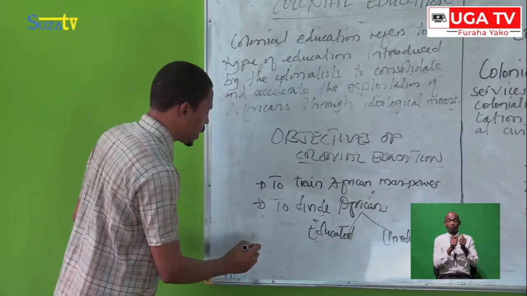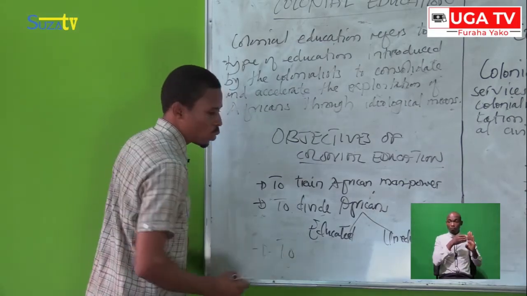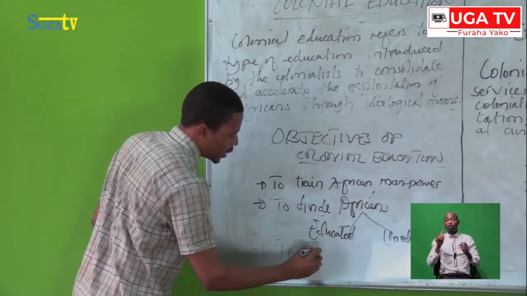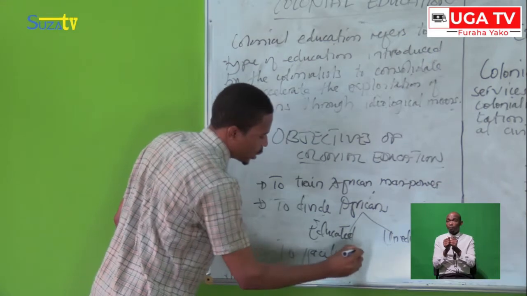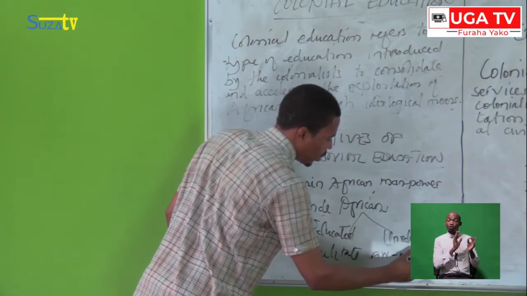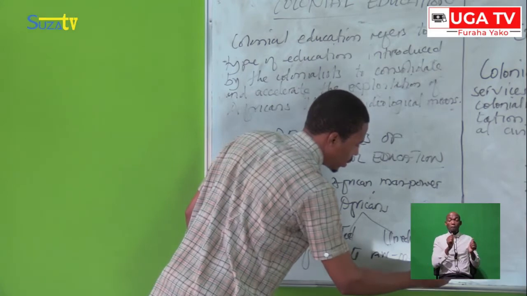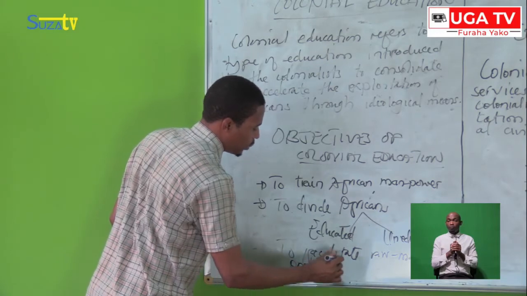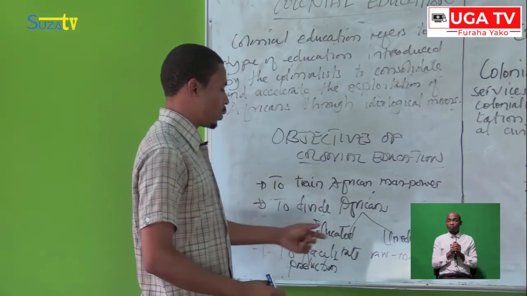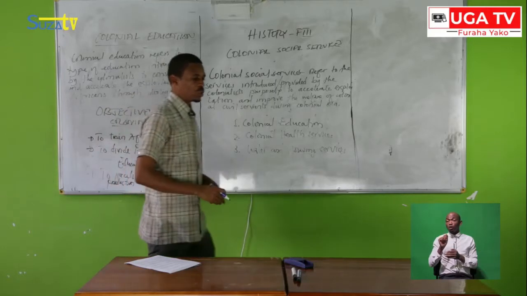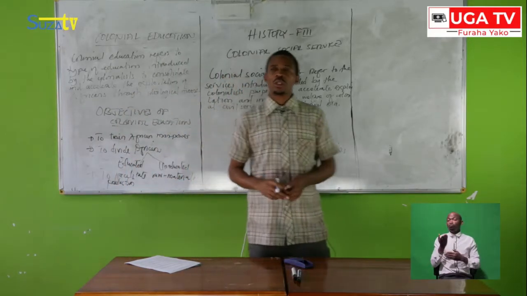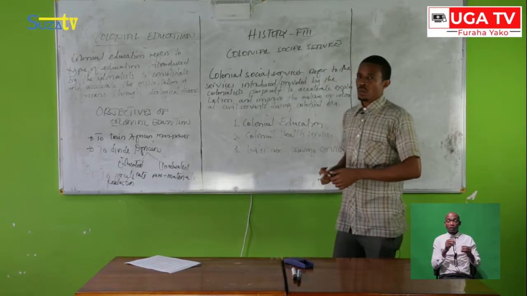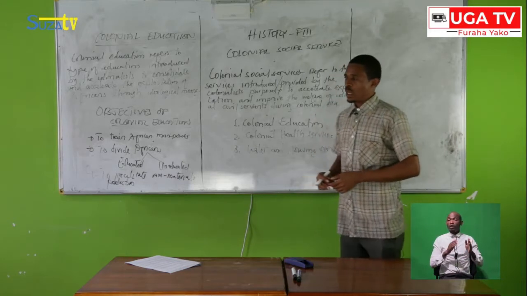So one of the objectives was to facilitate raw materials production. By raw materials, we mean minerals and agricultural produce like cotton, sisal, and other agricultural products which were introduced by the whites.